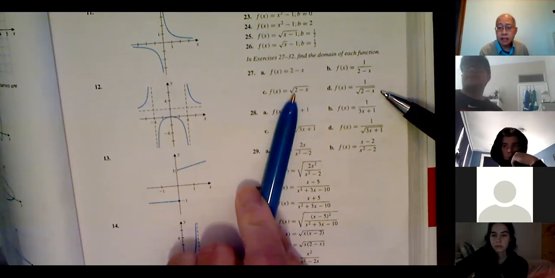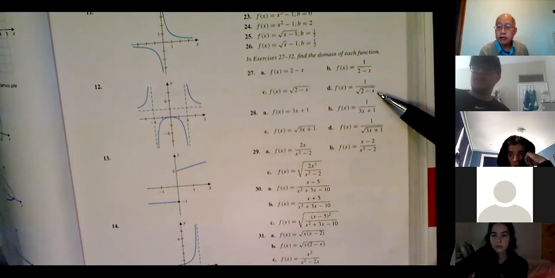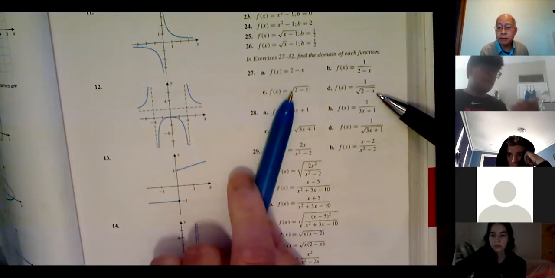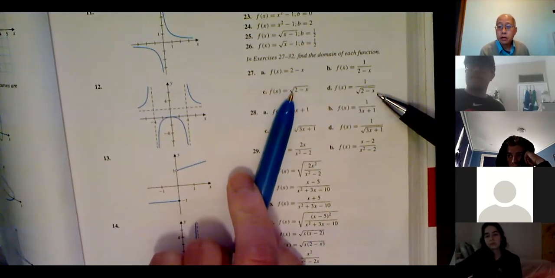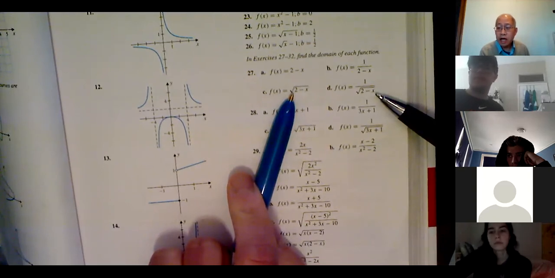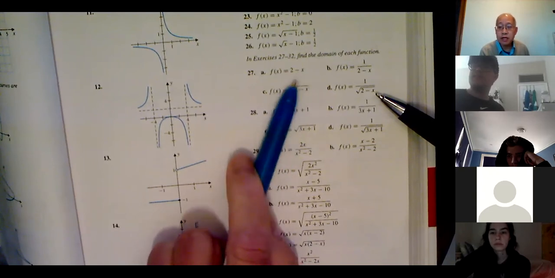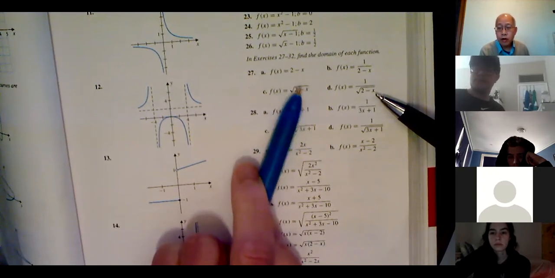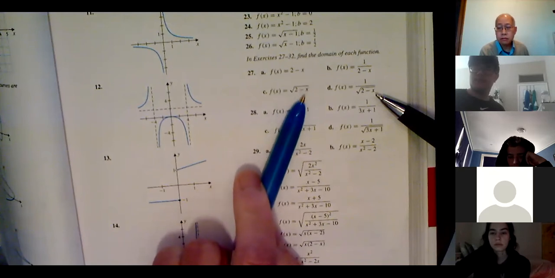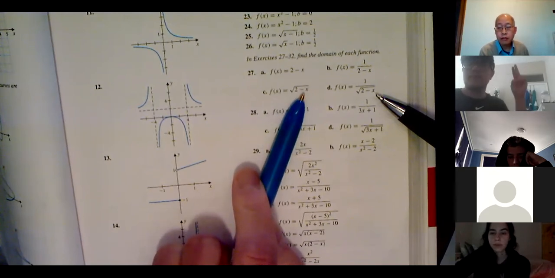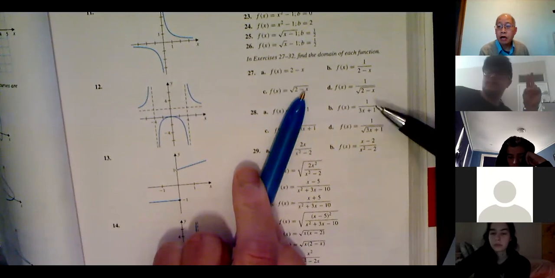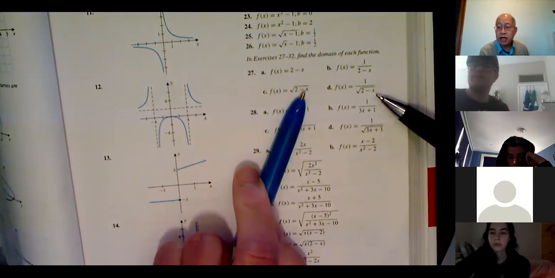Radical 2 minus x. This one also has radical 2 minus x, but it's on the bottom. So the difference is here, you're not allowed to have 0 on the bottom. This expression is allowed to be 0. What number would make this thing 0? 2, right? 2 is okay here, but 2 is not okay here because it's on the bottom.